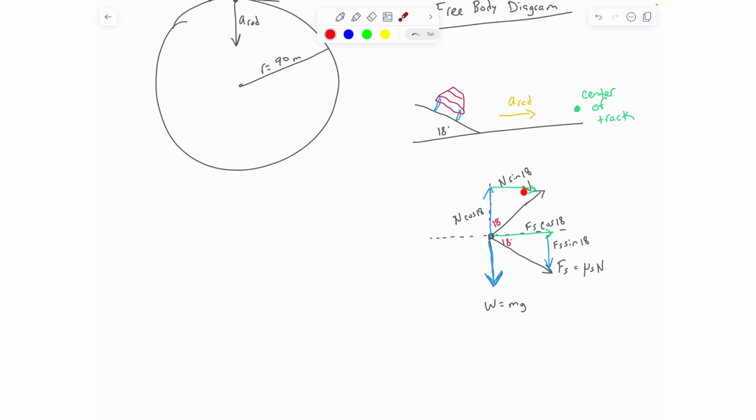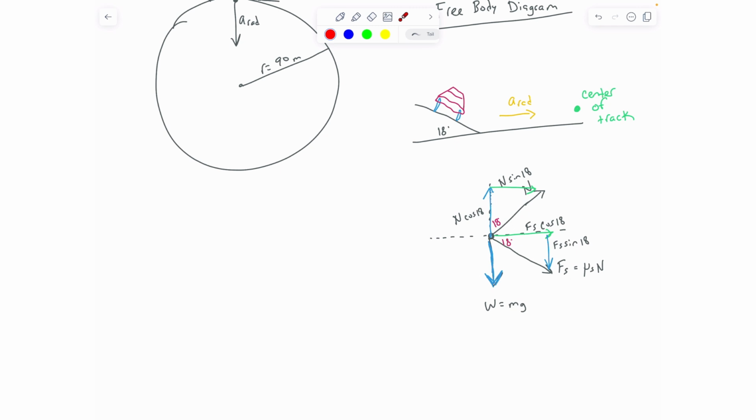Here's the normal, and it's pushed over because normal would have been up and down. But because this thing is banked 18 degrees, it had to move from here to here. And how far did it move? 18 degrees.